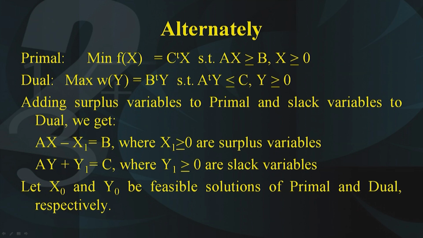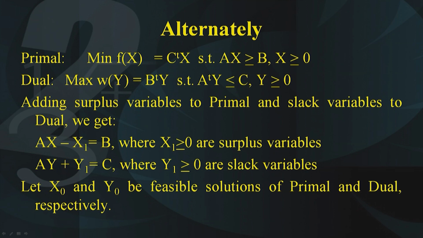Let the primal be minimization of f(x) = c x subject to A x ≥ b, x ≥ 0, and the dual be maximization of w(y) = b y subject to A y ≤ c, y ≥ 0.